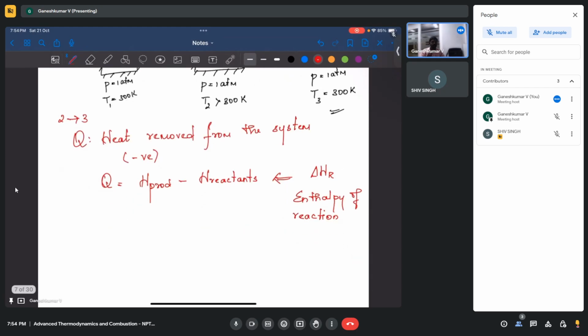But from a combustion perspective, what are you interested in? We are interested in how much heat I can gain from a combustion system, right? Let's say you are using it in an engine.